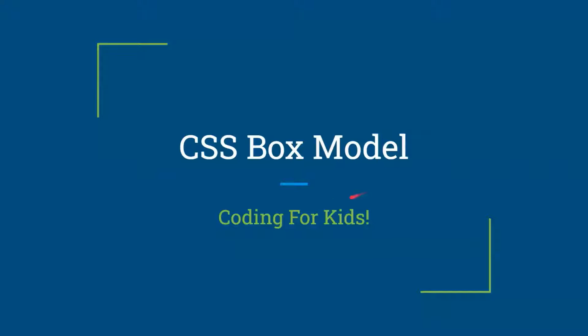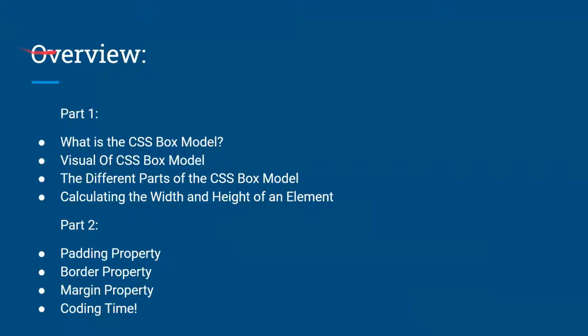So first, let's look at the overview of this video. So this video actually has two parts to it. Part one, you can think of as just understanding what the box model is, because first you need to understand what it is and what we're talking about.